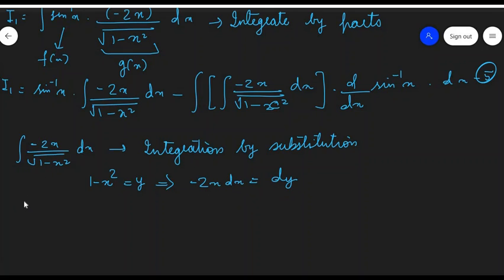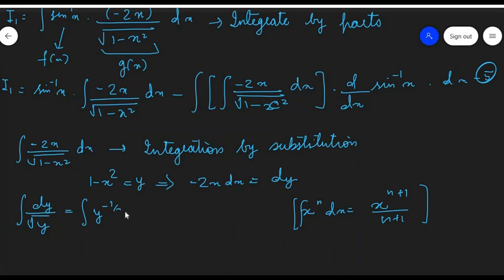If I put these back, I get integration of dy upon square root of y. This can be calculated using the formula integration of y raised to n dx as x raised to n plus 1 upon n plus 1. Here n is minus 1 by 2. So I can modify this and write y raised to minus 1 by 2 dy.